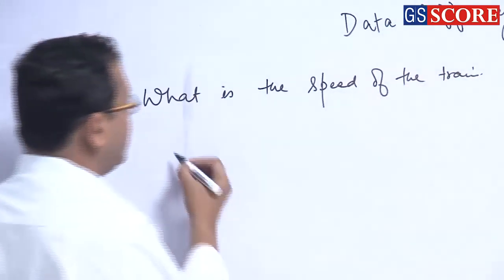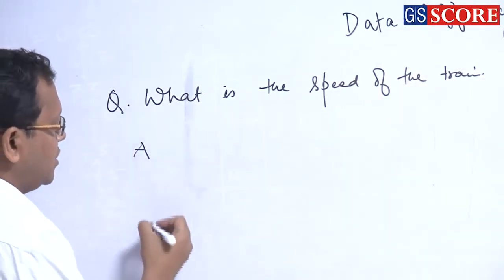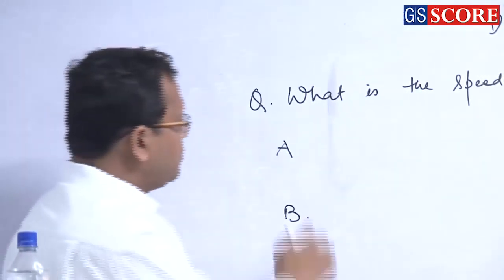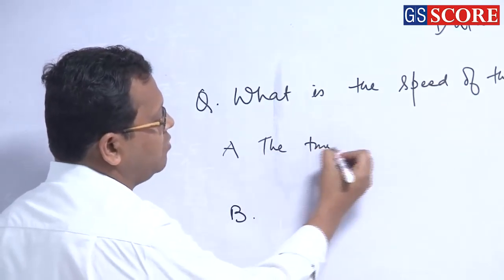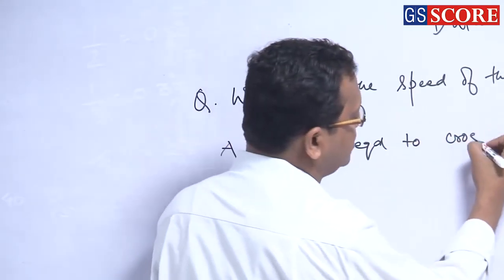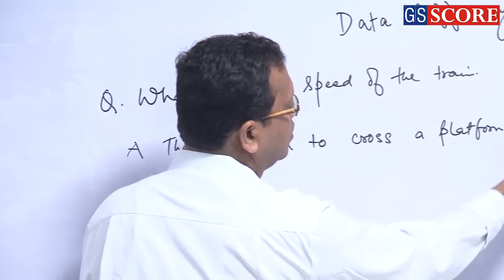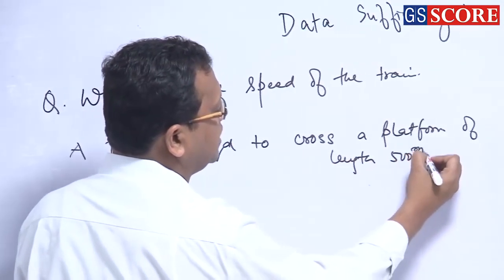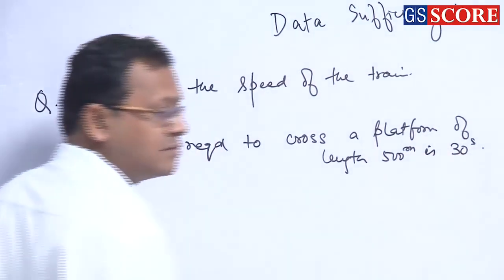Okay, and there's a question given followed by 2 pieces of information, right? The first information is, say, the time required to cross a platform of length 500 meter is say 30 seconds.